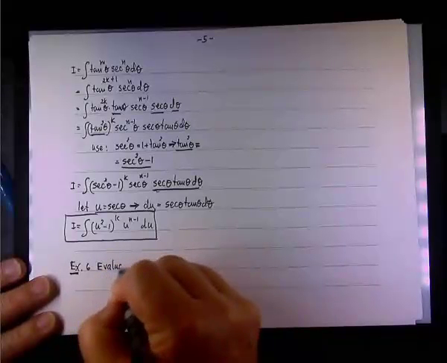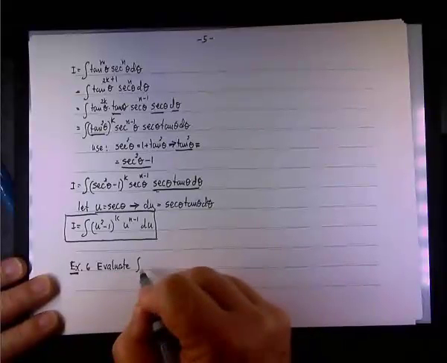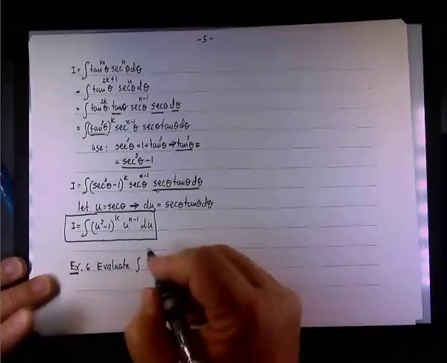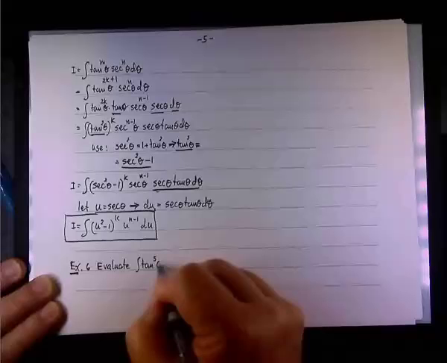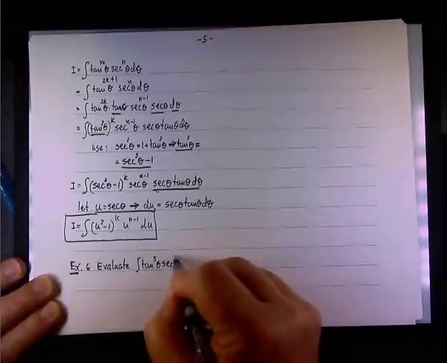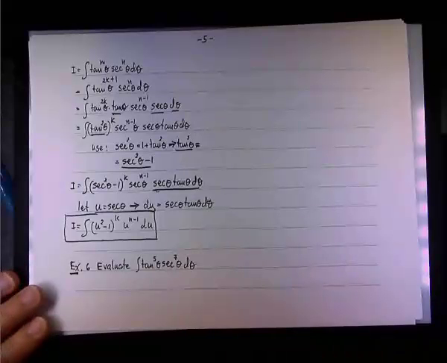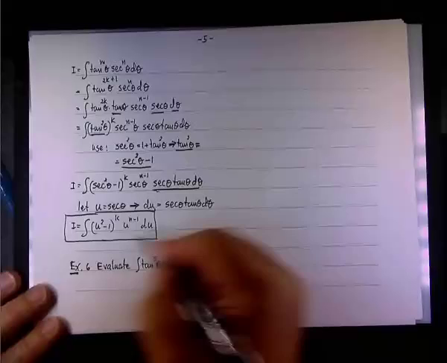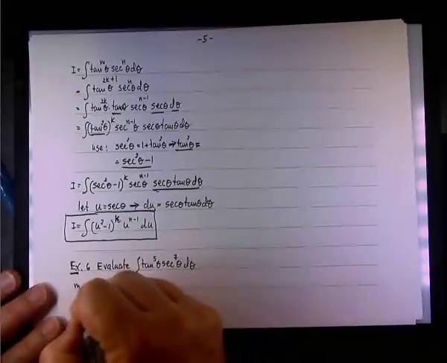Here's an example. This will be example 6. We want to evaluate the integral of tangent to the 5th times secant to the 7th. Okay.